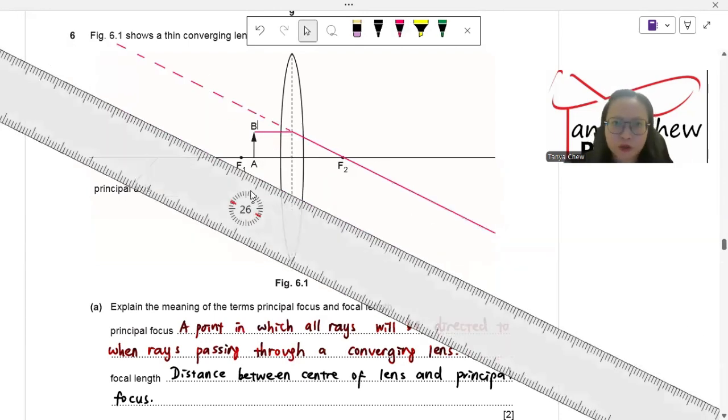So you don't just stop there, because you need to draw arrows, how the ray is refracted after passing through the lens.